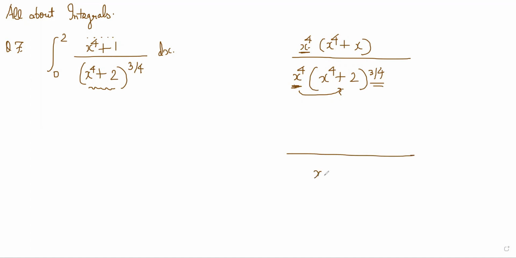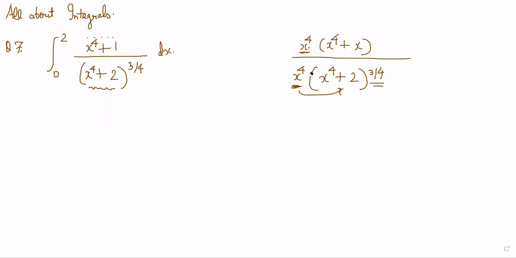So then what I will get is in the denominator, no, actually, if you put it inside the bracket, it will be very high power. It will be x power 12 that you have to put inside the bracket, right? So that will be incorrect.